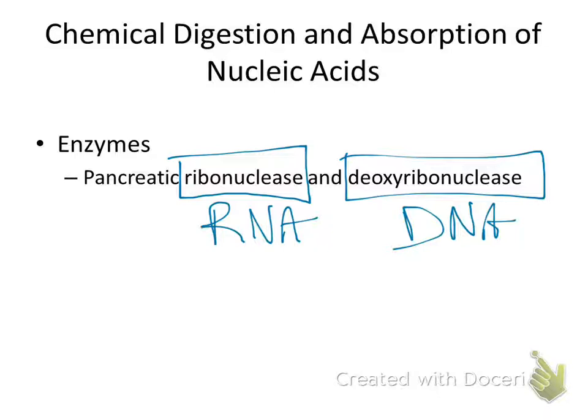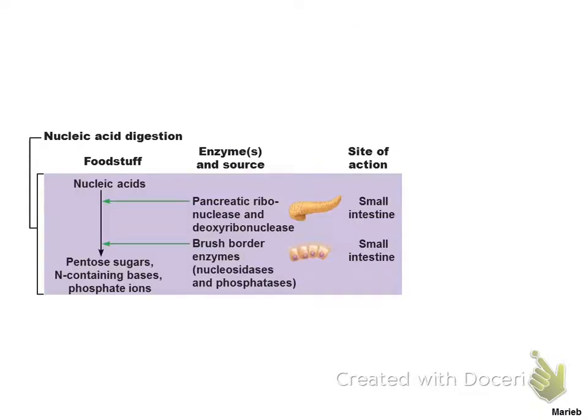Well, if they're pancreatic enzymes, where are they going to be acting again? Small intestine once again. Do make a note that there are some that come from the brush border, but I'm not going to make you memorize those names. So as long as you know about the ribonuclease and deoxyribonuclease for this one, you're good.